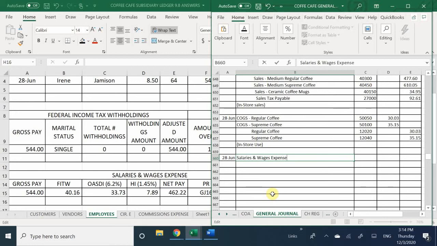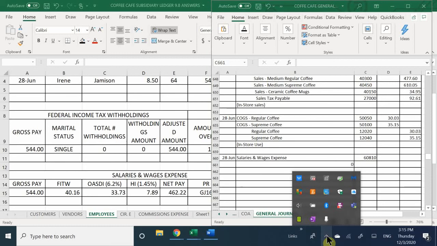And what account number is that? 6810. Sorry, my mouse was stuck in that cell. 6810. Yep. Okay, good.